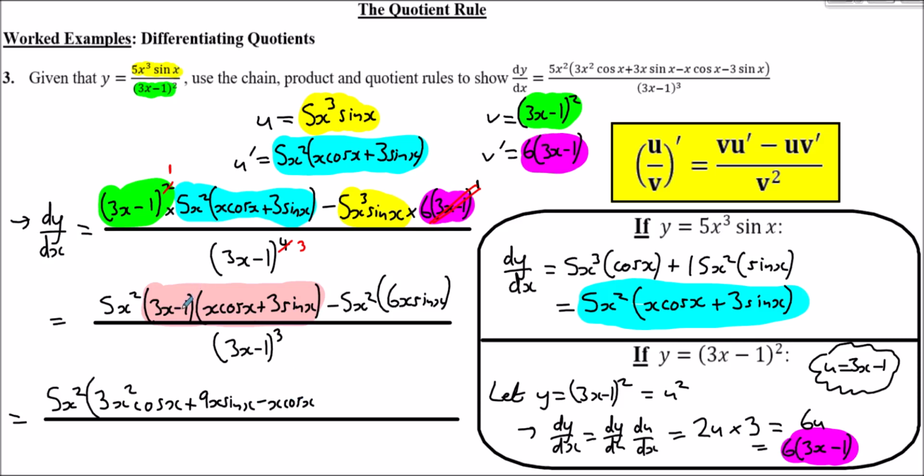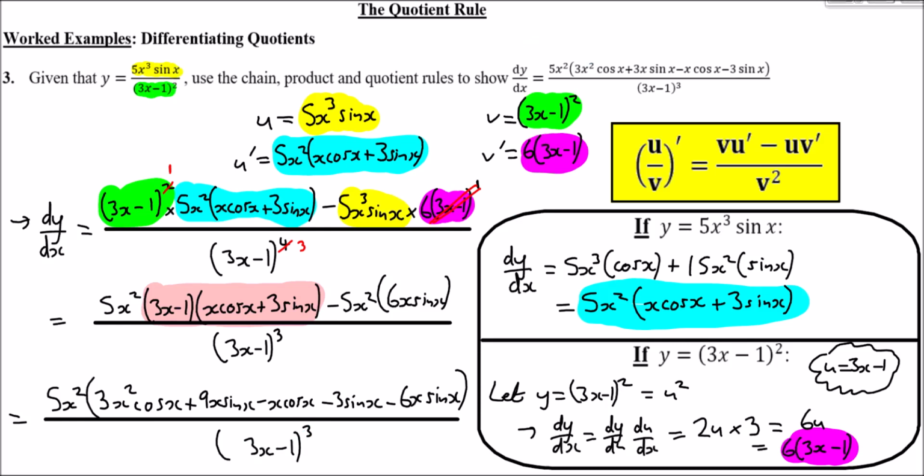Then minus 1 multiplied by the 3 sin x is going to give us minus 3 sin x. And finally, having factorized out this 5x squared, we've got minus 6x sin x at the end. All over 3x minus 1 cubed.